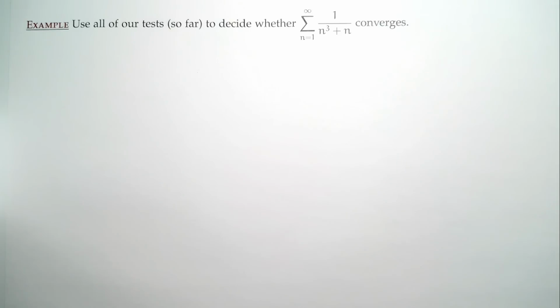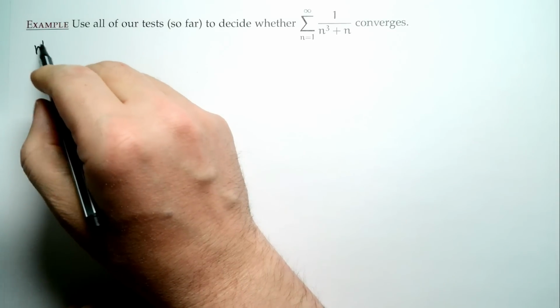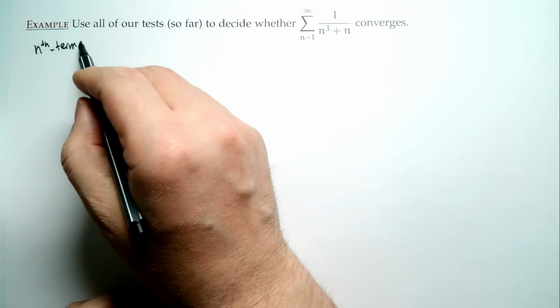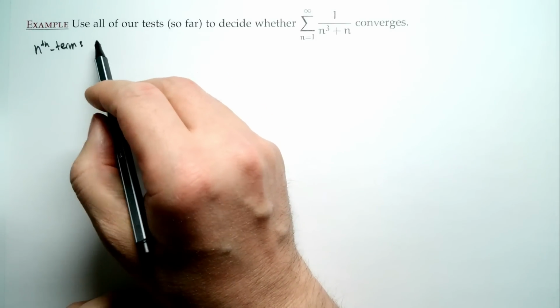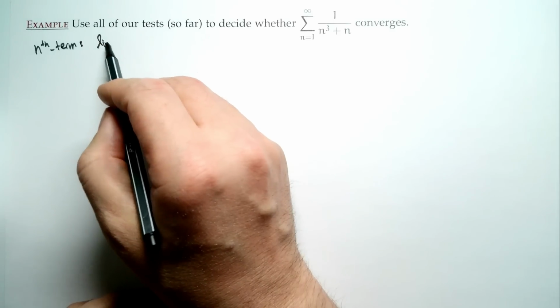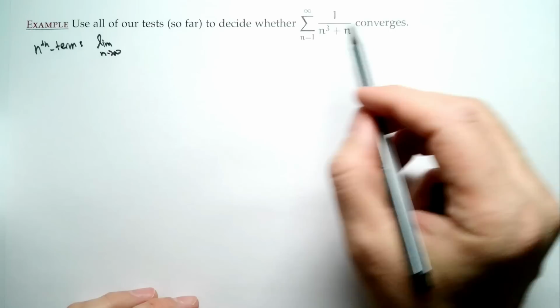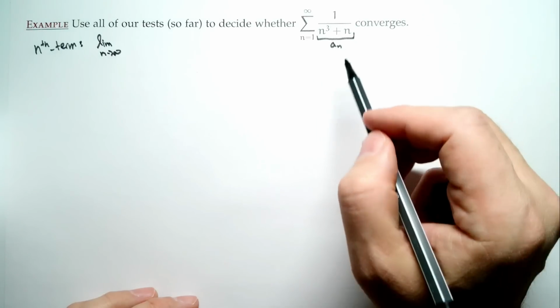Okay, so let's talk about our tests. So we have the nth term test. What does that tell us? Well, we're going to look at the limit as n goes to infinity of just the term, so this is our a sub n here.